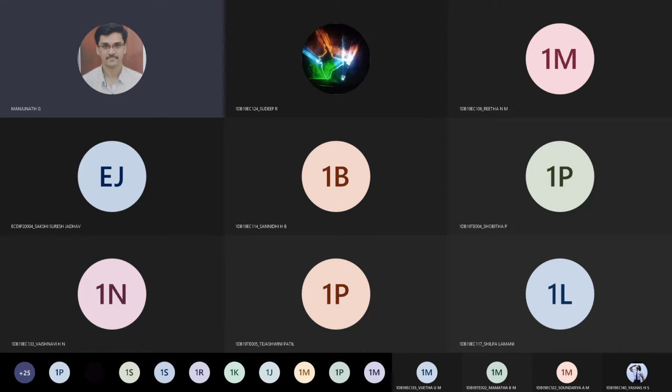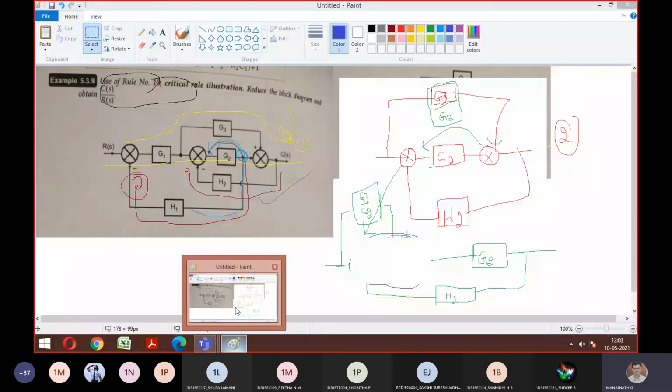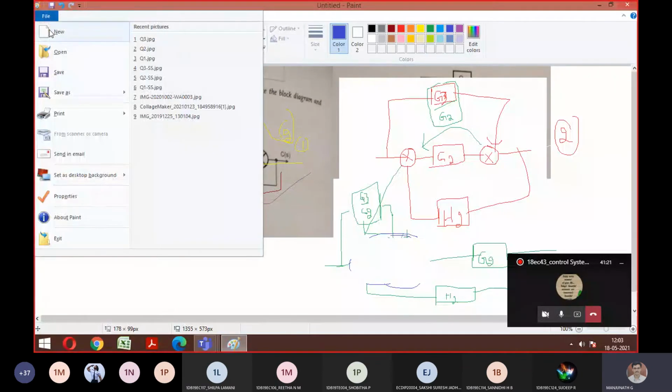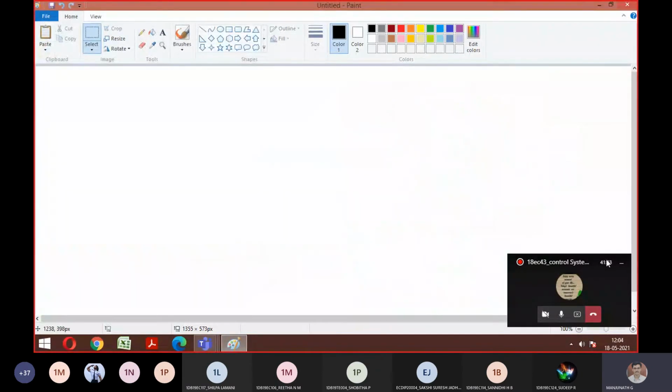What is the advantage of block diagram? What are the points I told about block diagram here? Forgot already.